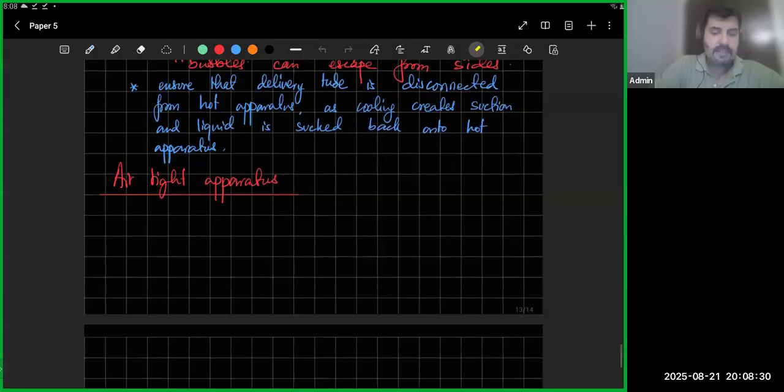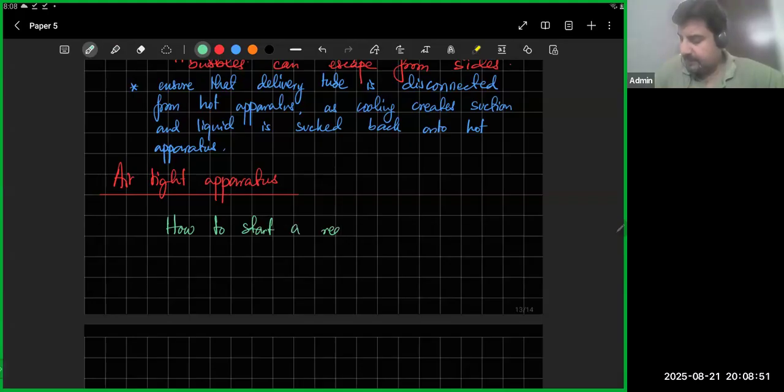It has to be always airtight when you're collecting gases. I had to discuss a few things when you're doing an apparatus. The trouble with an airtight apparatus is that when you start a reaction, the trouble is how to start a reaction, especially if the apparatus is airtight.